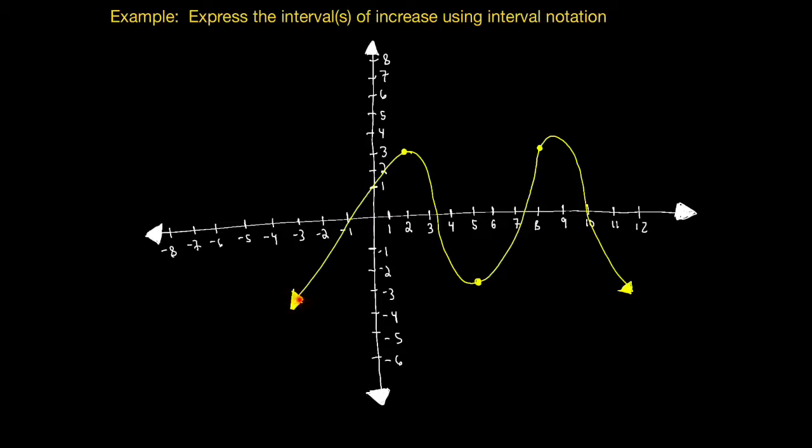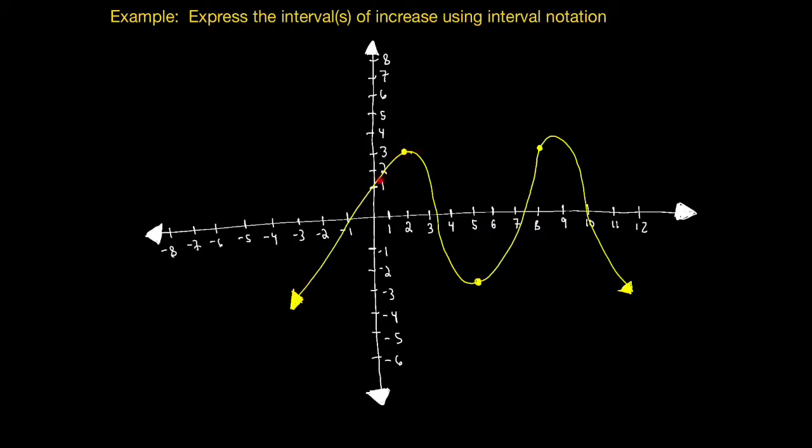Here we immediately see an increase if we're going from left to right. Now please don't be deceived. Here we have an arrow pointing downward, so you may think it's decreasing, and that would be correct if we were reading from right to left. But again, we're reading from left to right, so this would represent an increase.